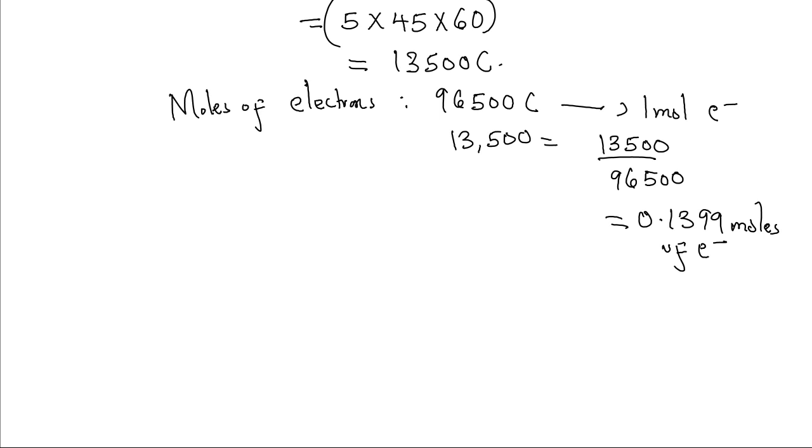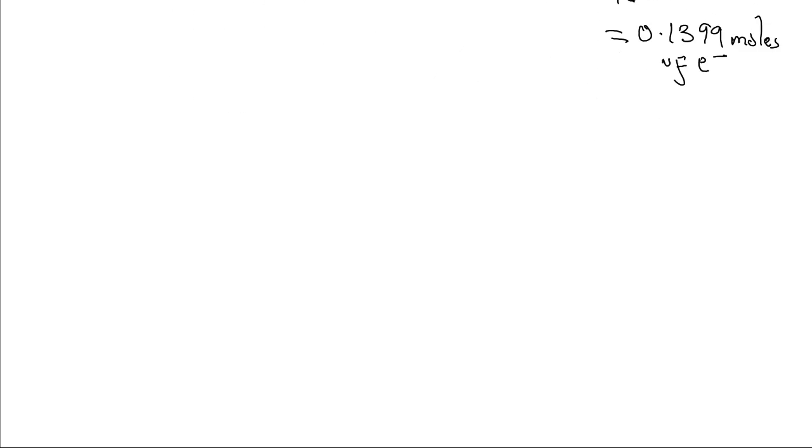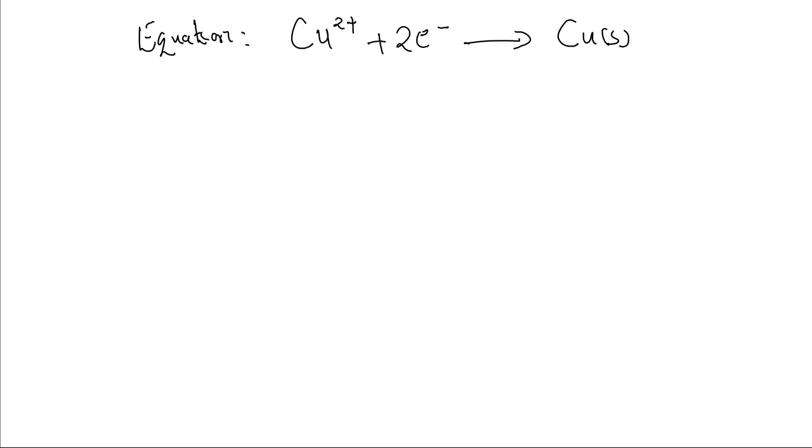Now, the equation at the cathode will be copper 2 plus ion plus 2 electrons giving copper solid.